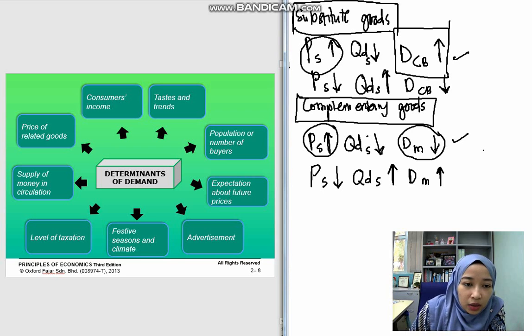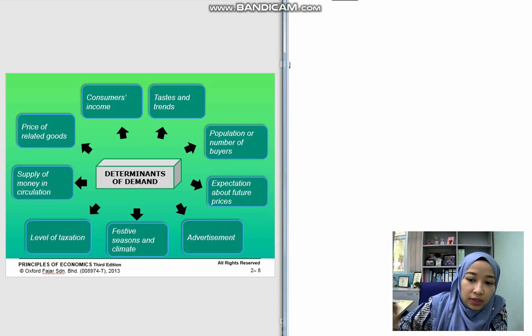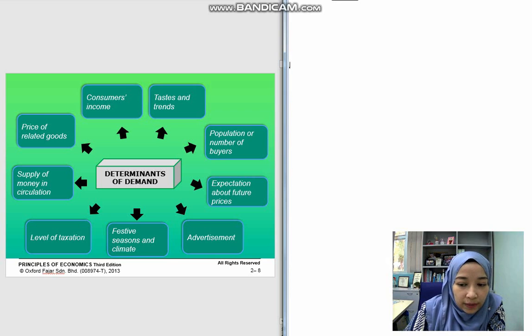Okay, let's look at the second determinant, which is consumers' income. So what happens when the income of consumers changes, which I have already shown to you in the previous slide on the external factor.